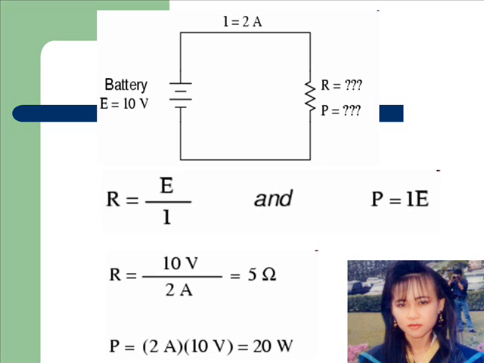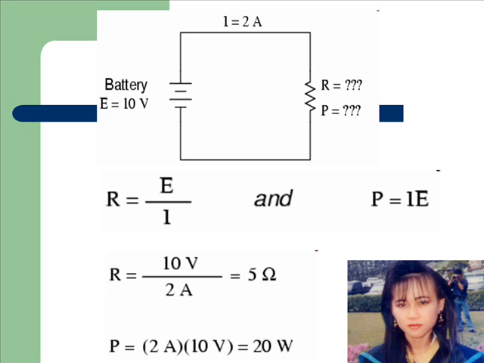Inserting the known quantities of voltage E and current I into these two equations, we can determine circuit resistance R and power dissipation P. For the circuit conditions of 10 volts and 2 amps, the resistor's resistance must be 5 ohms.